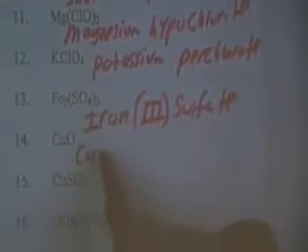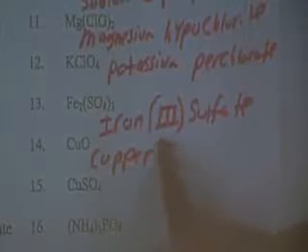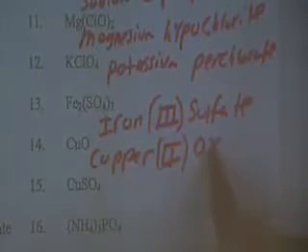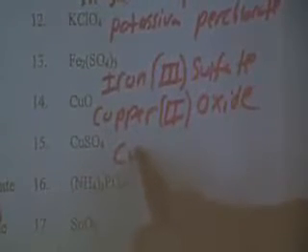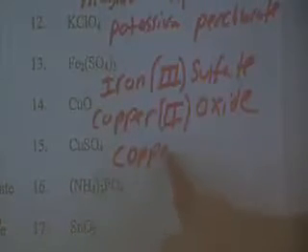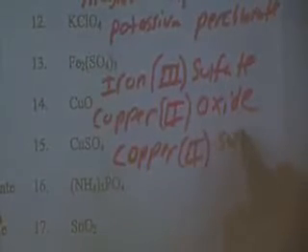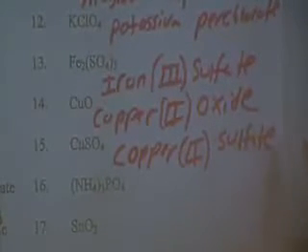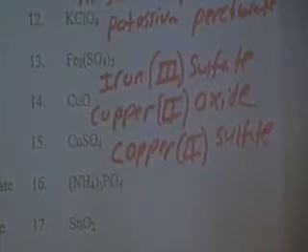This would be a copper what? 2. Yes, copper 2 oxide. What's this next one here? And one of the characteristics of copper 2 compounds is the blue. If something's blue and it's copper 2.